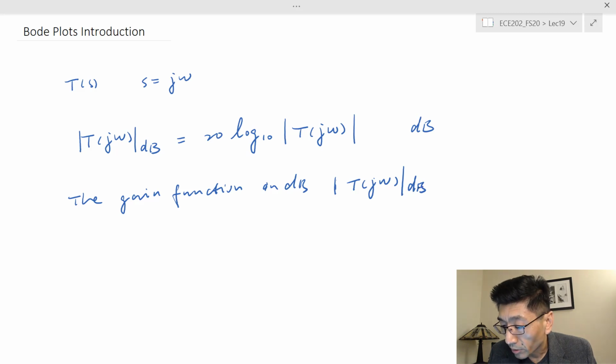This is the notation we'll be following to be consistent with the text.